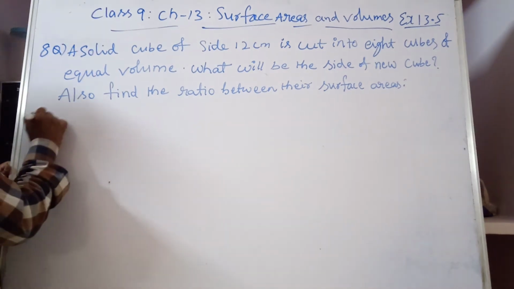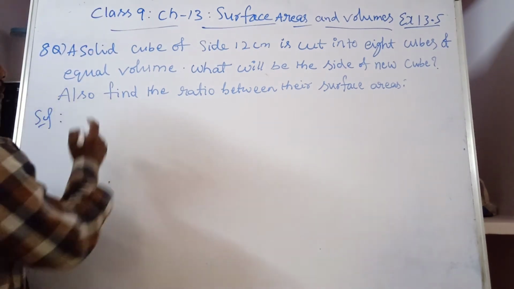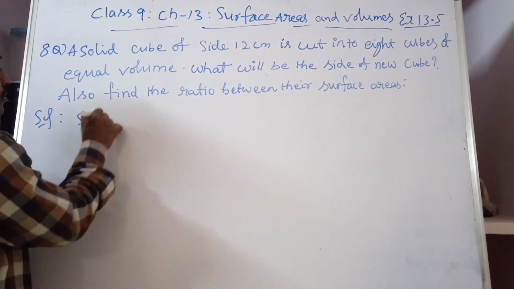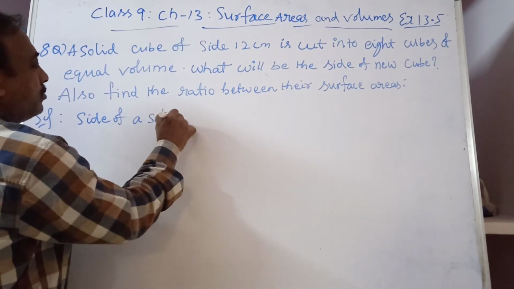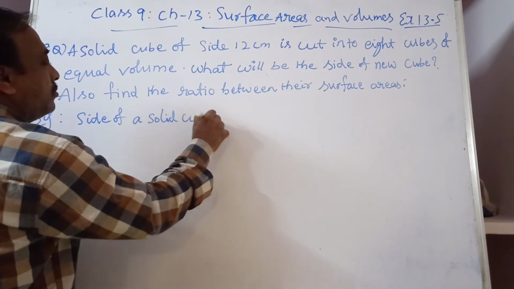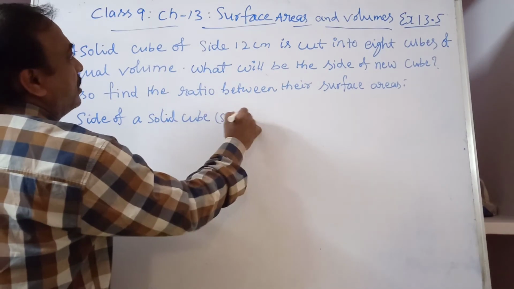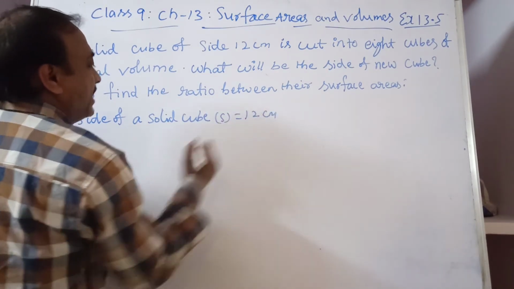Now the solution. Side of the solid cube, S, is equal to 12 centimeter.